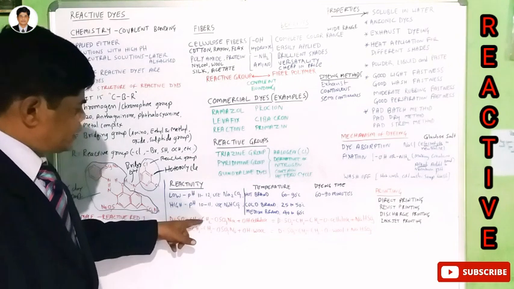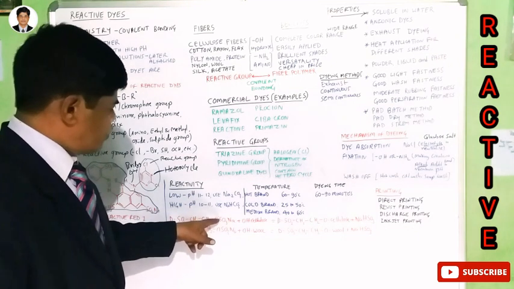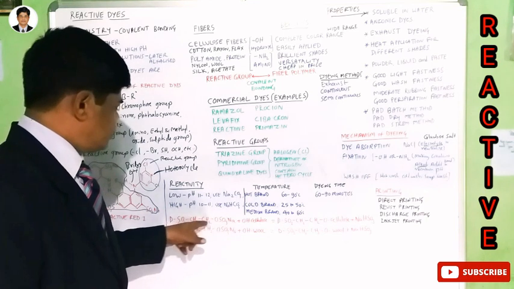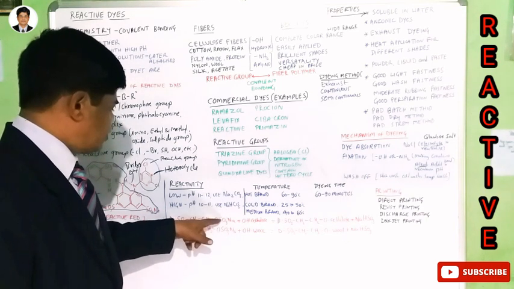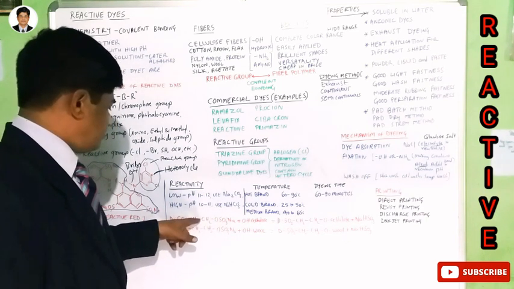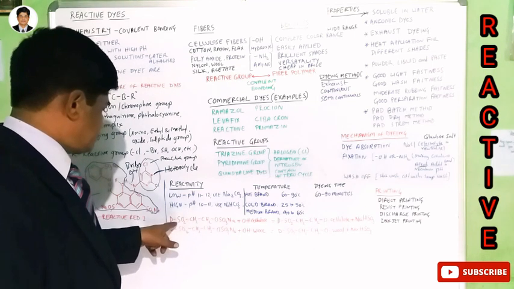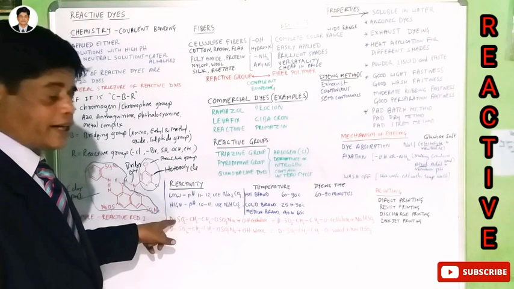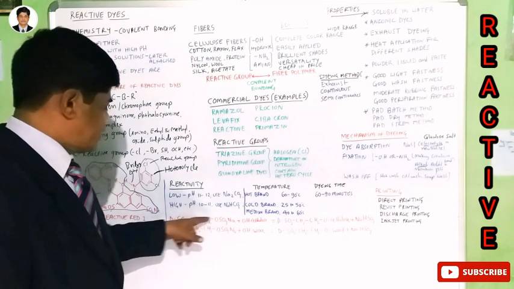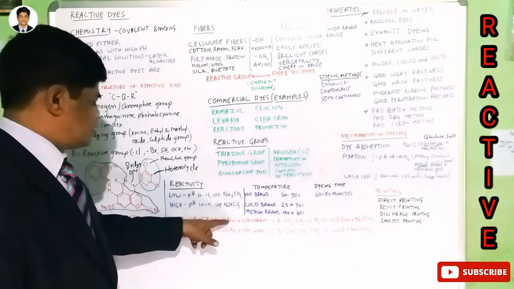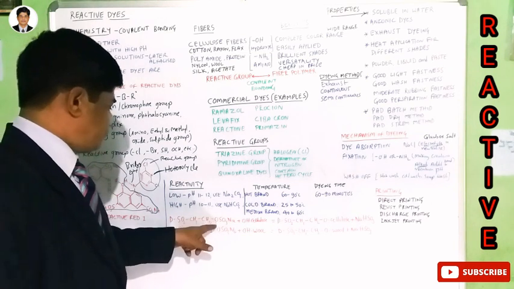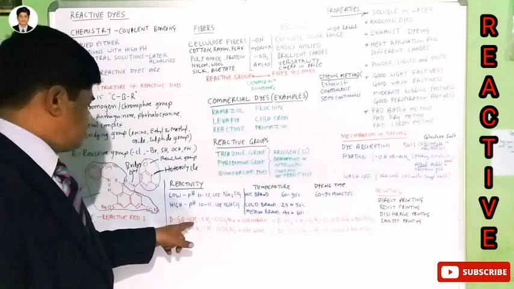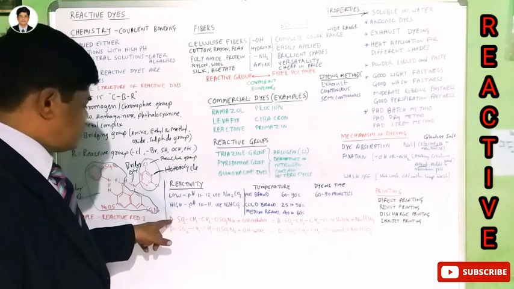SO2, CS2, NaSO3, sodium sulfite. This totally is not a polymer chain. This is a dye particle, the structure of the reactive dye. Sodium sulfite is there, CS2, there is a ring, SO2 is there.